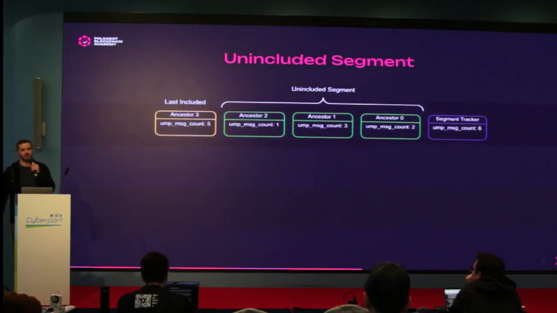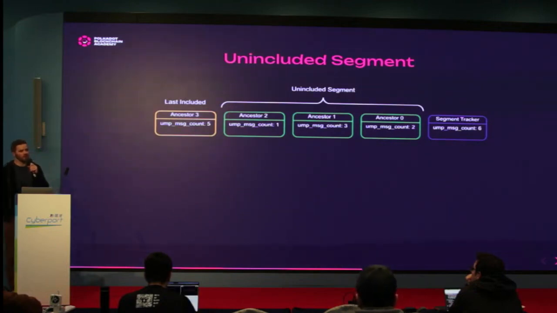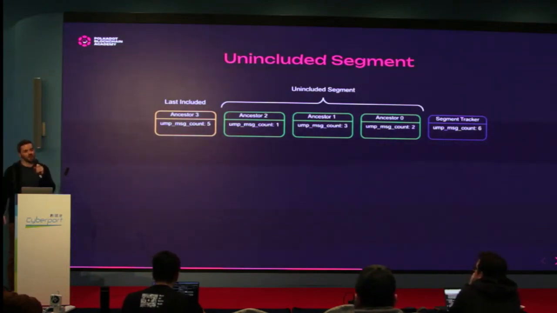So in this case, imagine for some reason the relay chain stops including blocks from your parachain. You're kind of stuck as a parachain block producer, as a collator, right? You need the relay chain to continue progressing at some rate in order for you to continue progressing. This was strictly true in the case of synchronous backing.